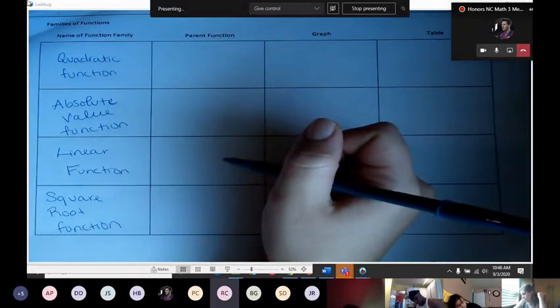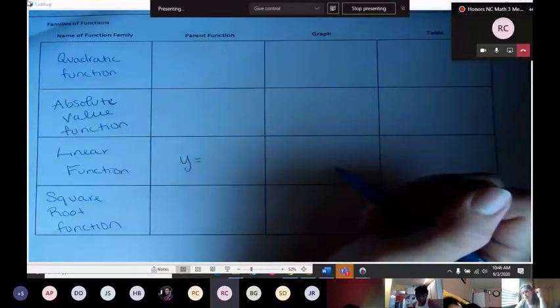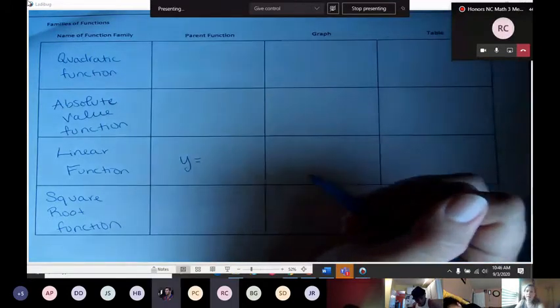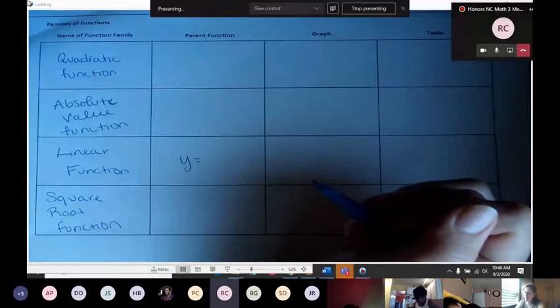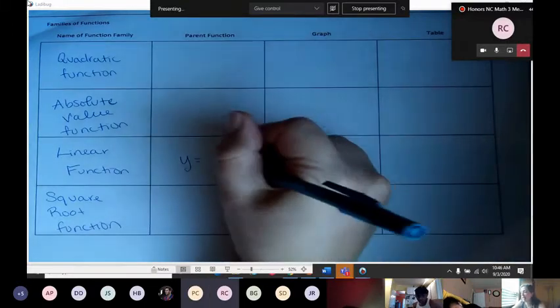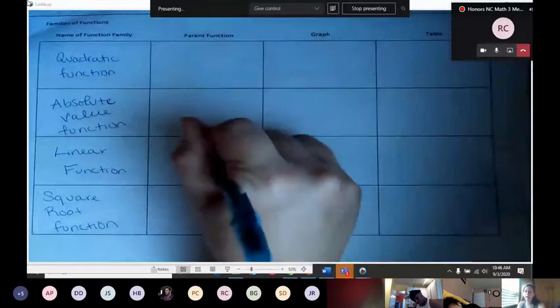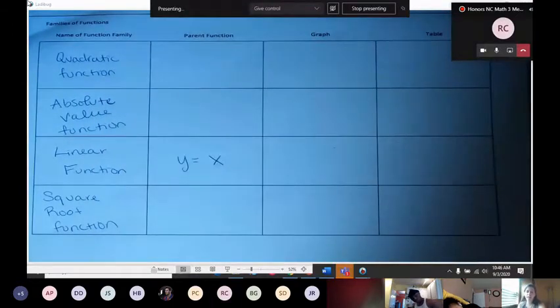Y equals. What's the most simple line you can think of? 3x. Okay, so the 3 actually stretches it out vertically. So we're going to drop that and just write x. So y equals x is our linear parent function. Thank you very much, Roxy.